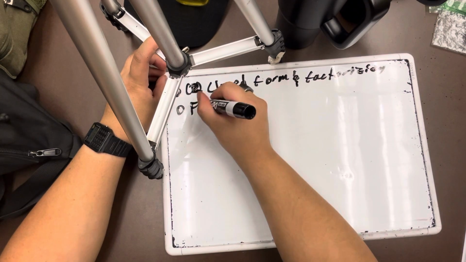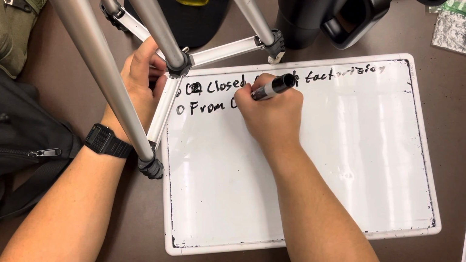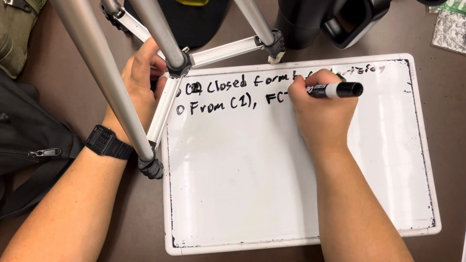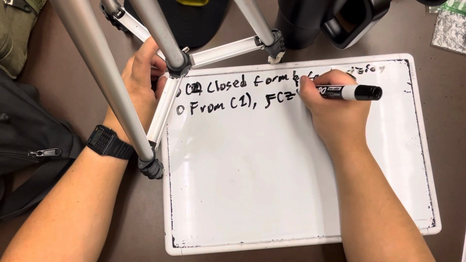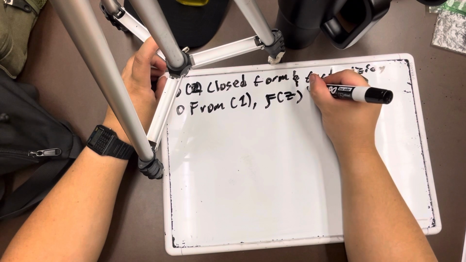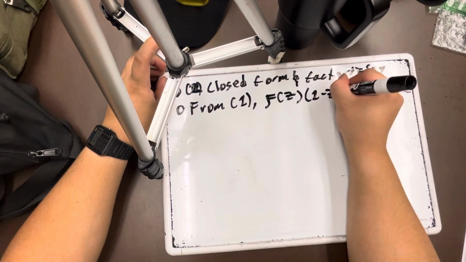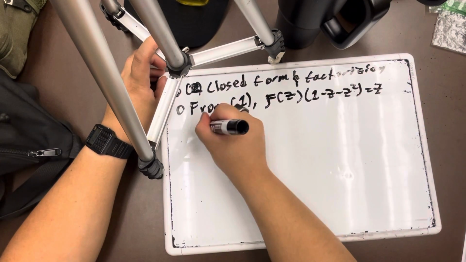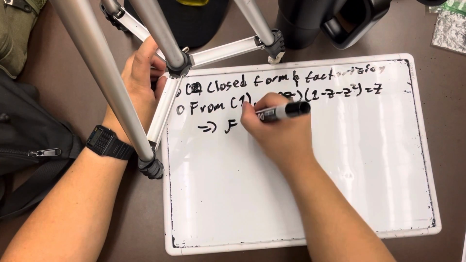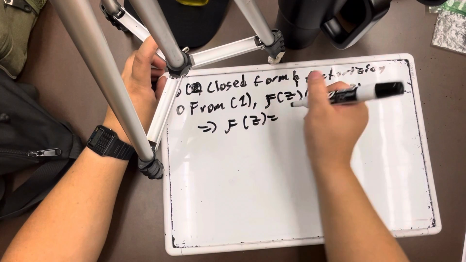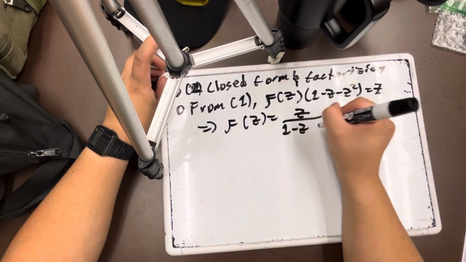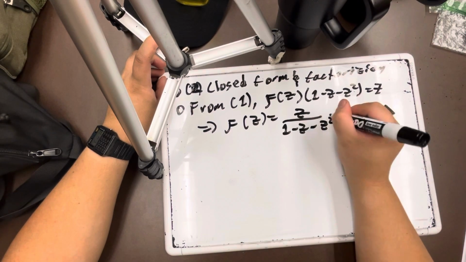Let's not start using letters now, even though in my notes I messed up. But from part 1, script f of z times 1 minus z squared is equal to z. That implies script f of z is equal to z over 1 minus z squared.